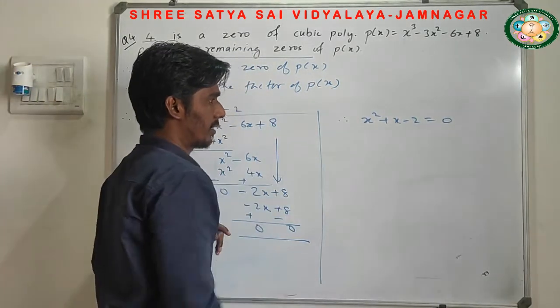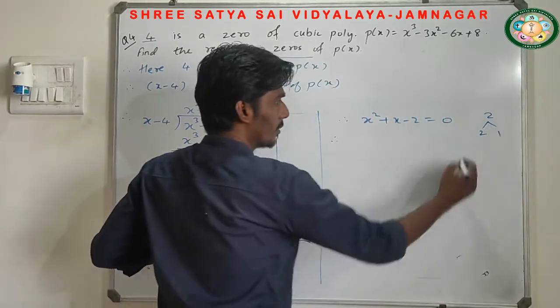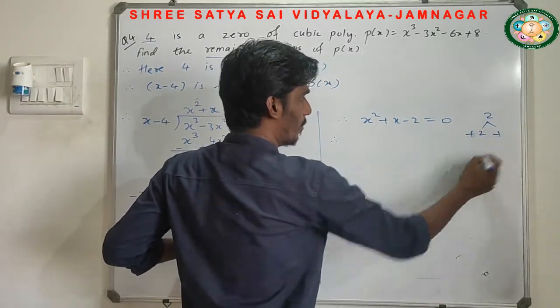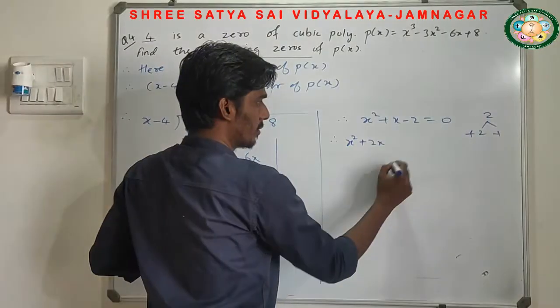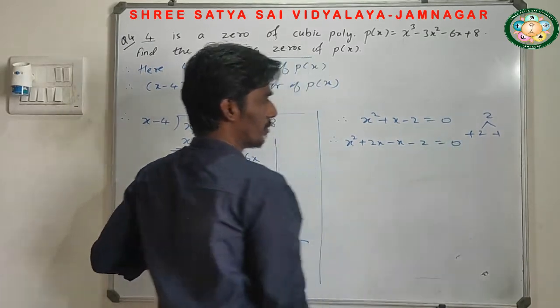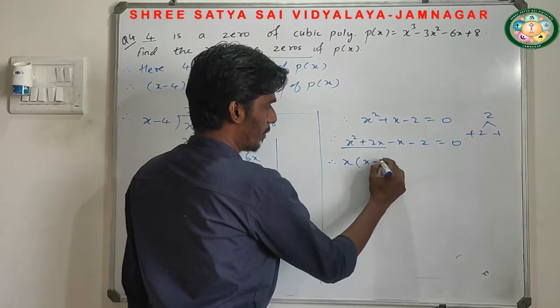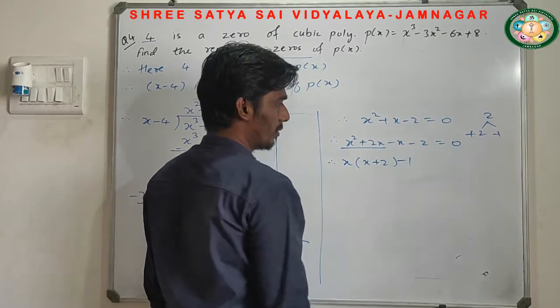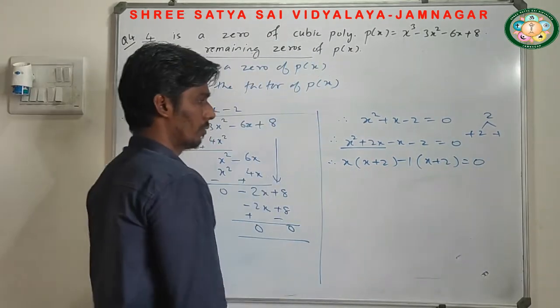By splitting this last term, it's 2 ones are 2, middle term sign to greater number minus, so x square plus 2x minus x minus 2 equals to 0. What is common here? X common, x plus 2. What is common here? Minus 1, x plus 2 equals to 0.